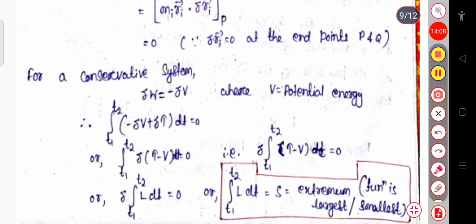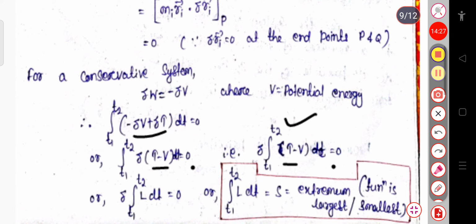Now combinedly I can write the integration, taking delta common, of T minus V into dt, equal to 0. Again, taking the delta sign common, integration from t1 to t2 of T minus V into dt is equal to 0.